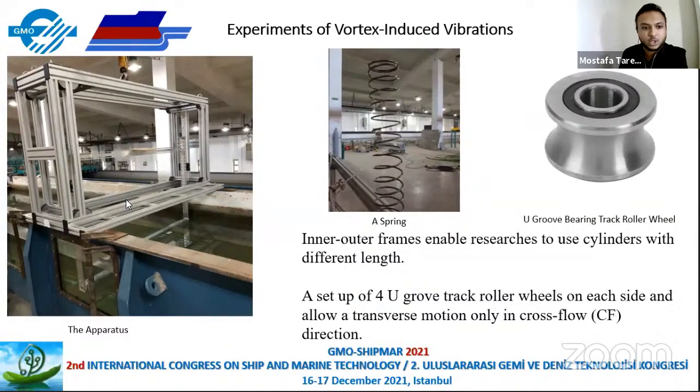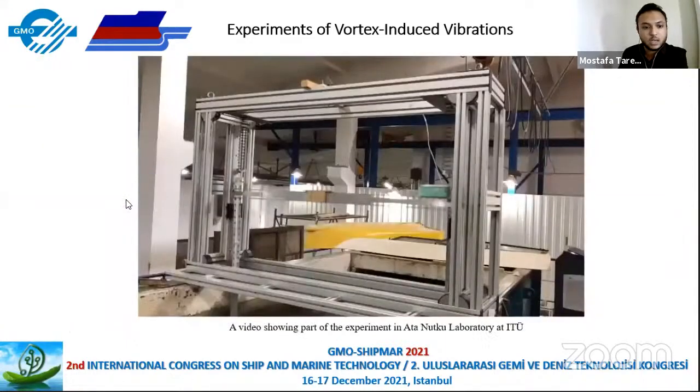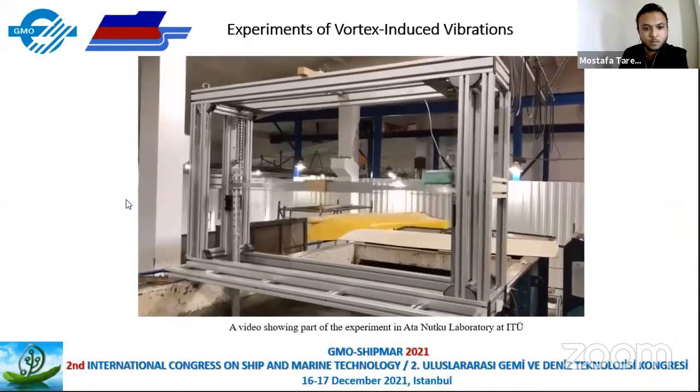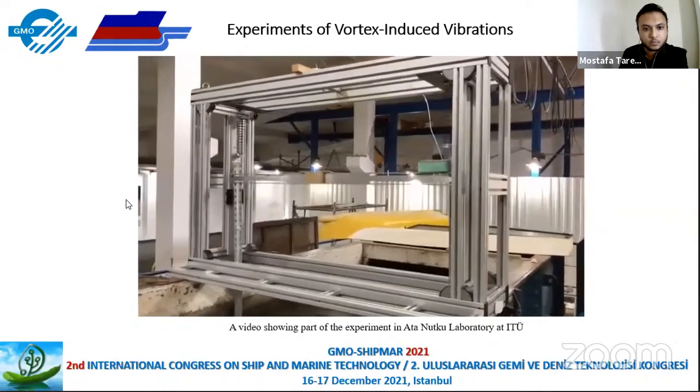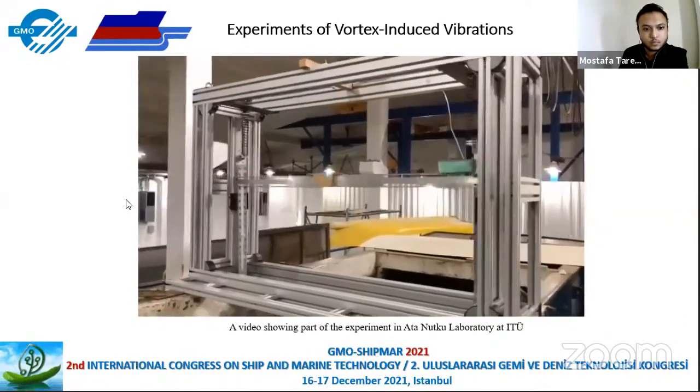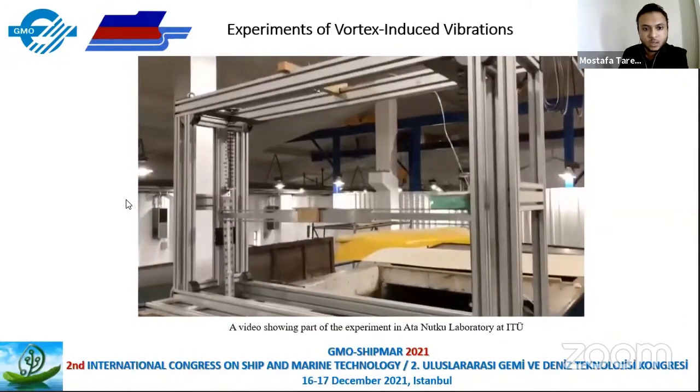And as I mentioned about the components, this is a wheel and this is a spring. Here, I would like to show you a video from the lab about one of the experiments we conducted. As you can see here, two springs, and here the wheel.